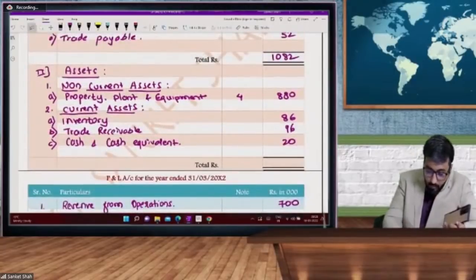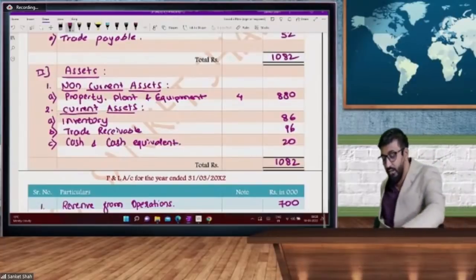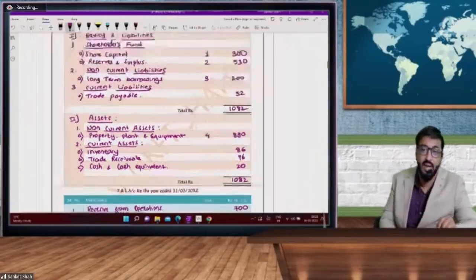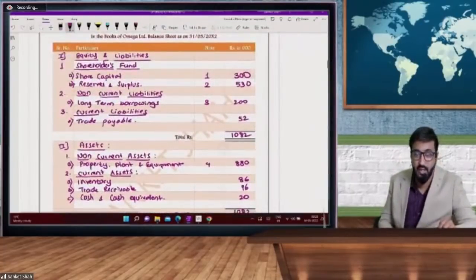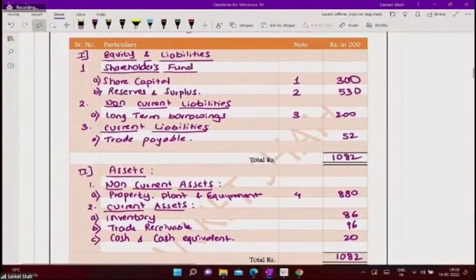Total 1082. Tallied at 1082. You can check the answer. If you want screenshots, you can take them. If you have some part remaining, check if it is tallied.